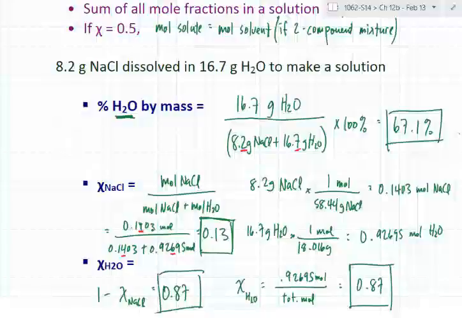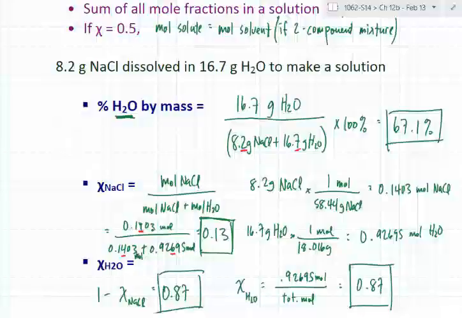Okay, what are the units for the 0.13 and the 0.87? Oh, no units. Mole fraction has no units because we have moles here. Moles plus moles are still moles. So mole fraction has no units.